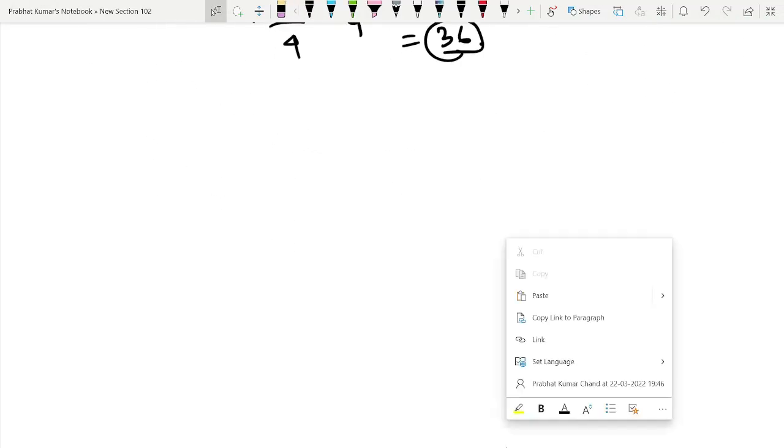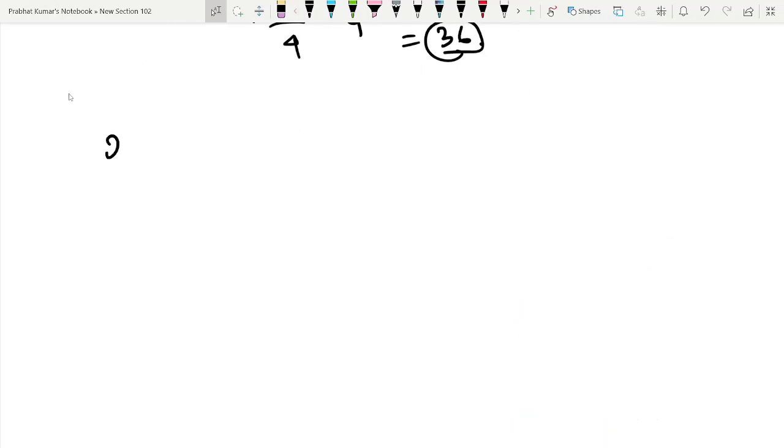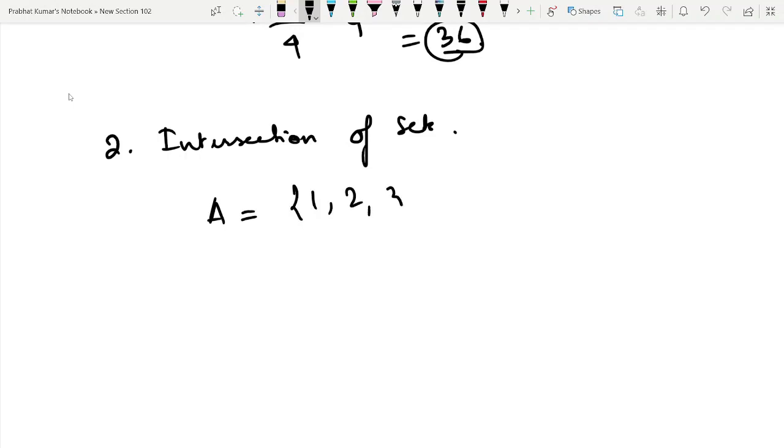Next we have the intersection of sets, right? So let's say you have the set A as 1, 2, 3, 4 and 9, and B as 1, 3, 5, 9, 11.